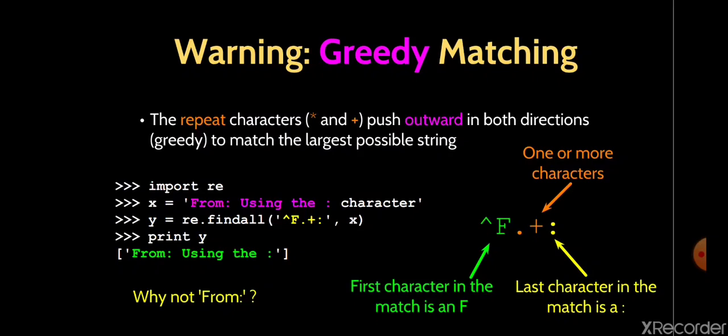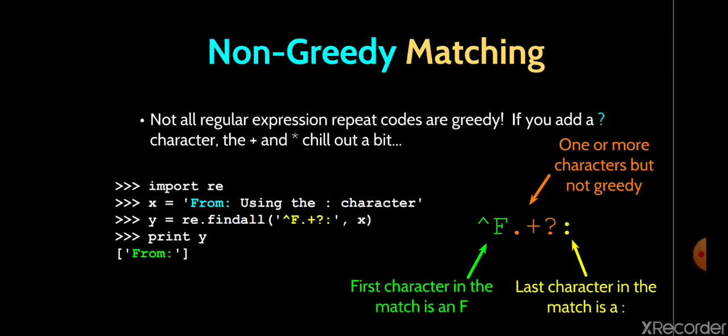How do we stop this greedy matching and make it stop at the first encounter itself? The solution is just to postfix the question mark character, which is a metacharacter. See, in this example we are postfixing it with the question mark metacharacter.